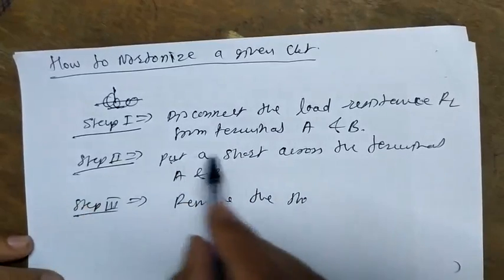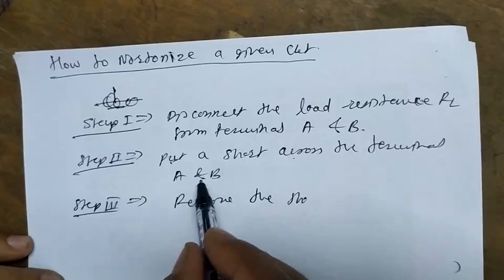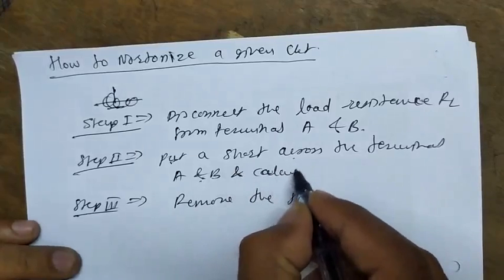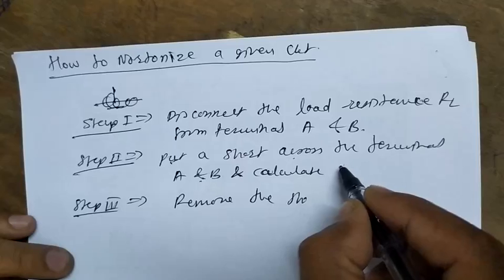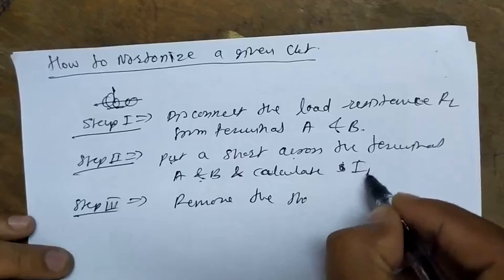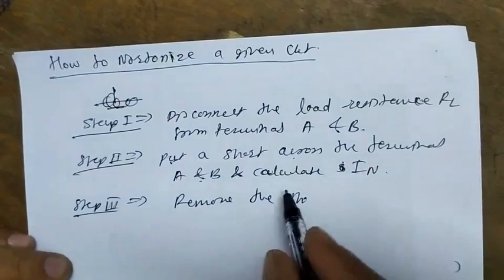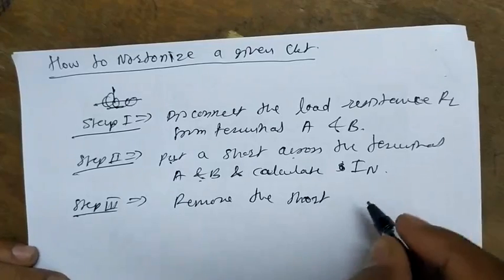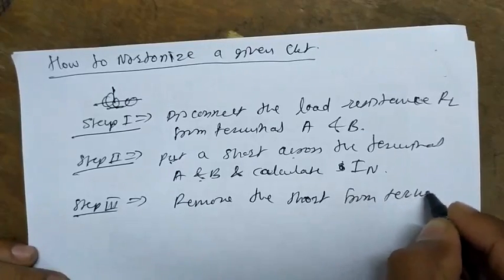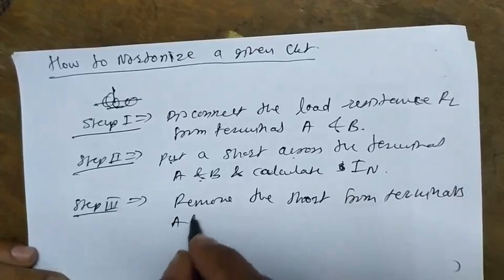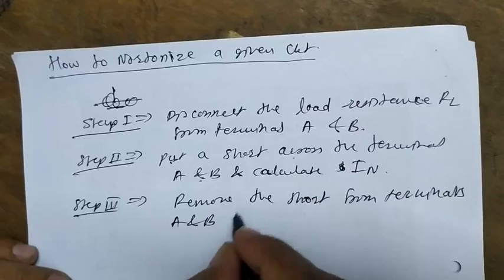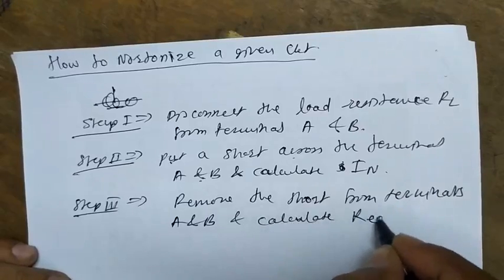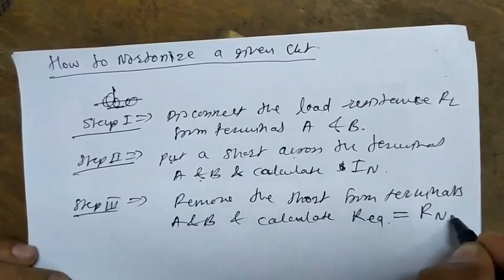Step 2 is put a short across the terminals A and B and calculate IN. Now step 3 is remove the short from terminals A and B and calculate R equivalent, that is equal to RN.